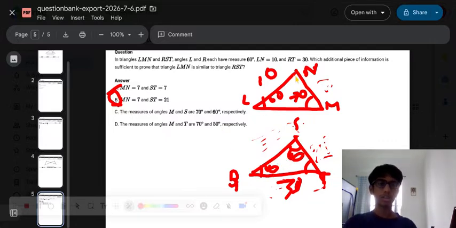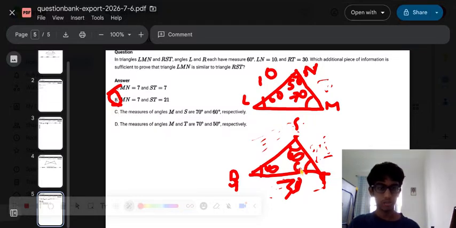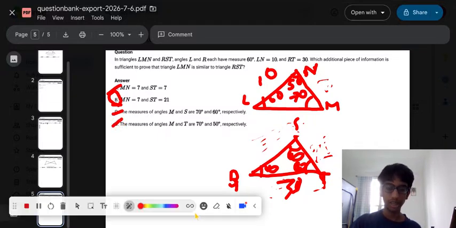So the third angle would be 180 minus 60 plus 70, which is 50 degrees, and this other angle would have to be 60 as well. Obviously that doesn't make sense, because if you have different angles in your triangle, they're not similar triangles. And lastly, this one doesn't work out either for the same reason.